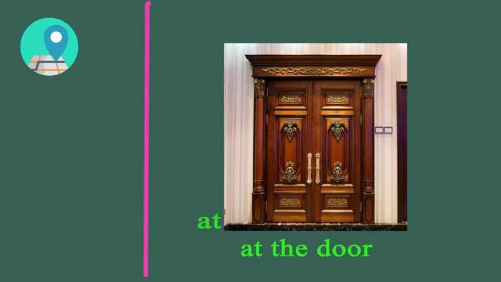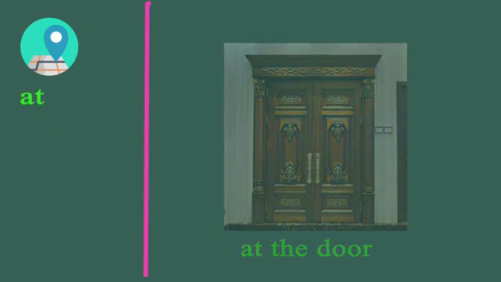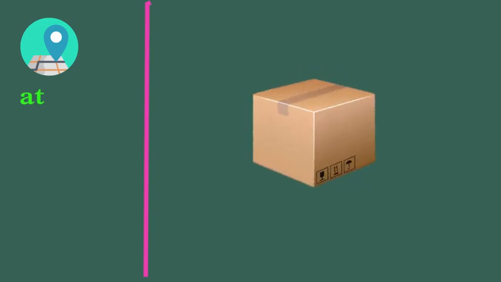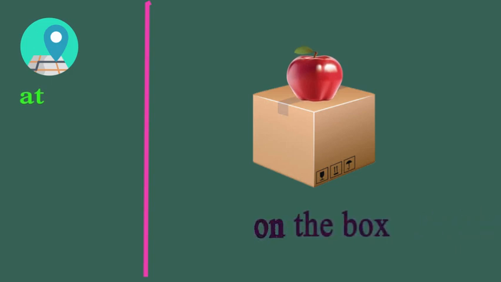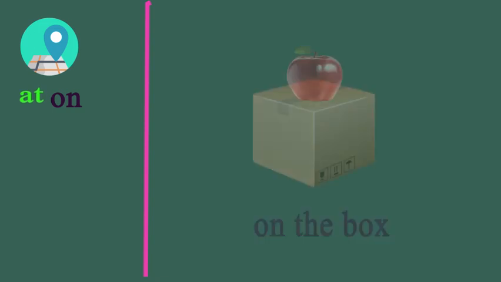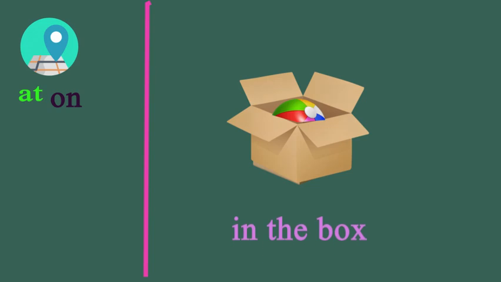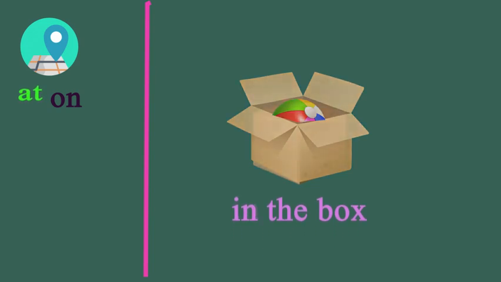So at is a preposition, specifying the place of something. An apple is kept on the box. Here on is a preposition. On specifies the place of the apple. This ball is inside the box. So in is the preposition and it specifies the location, the place.